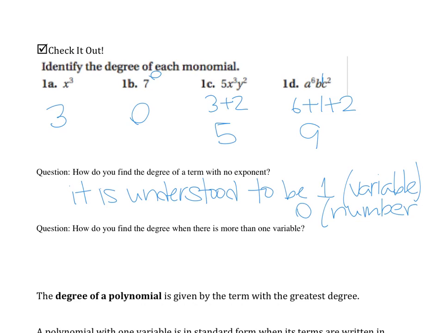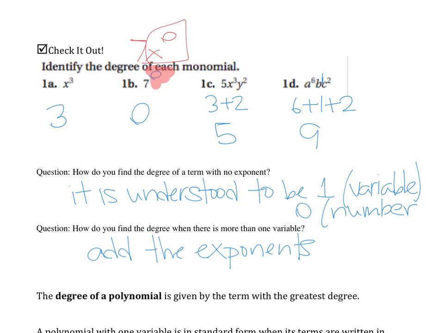How do you find the degree when there's more than one variable? You add the exponents. And I should probably go back up here. I'm going to go back up here real quick and just clarify something. This 0 is really saying that we have 7x to the 0 because it's the exponent of the variable, and that's why that's 0.